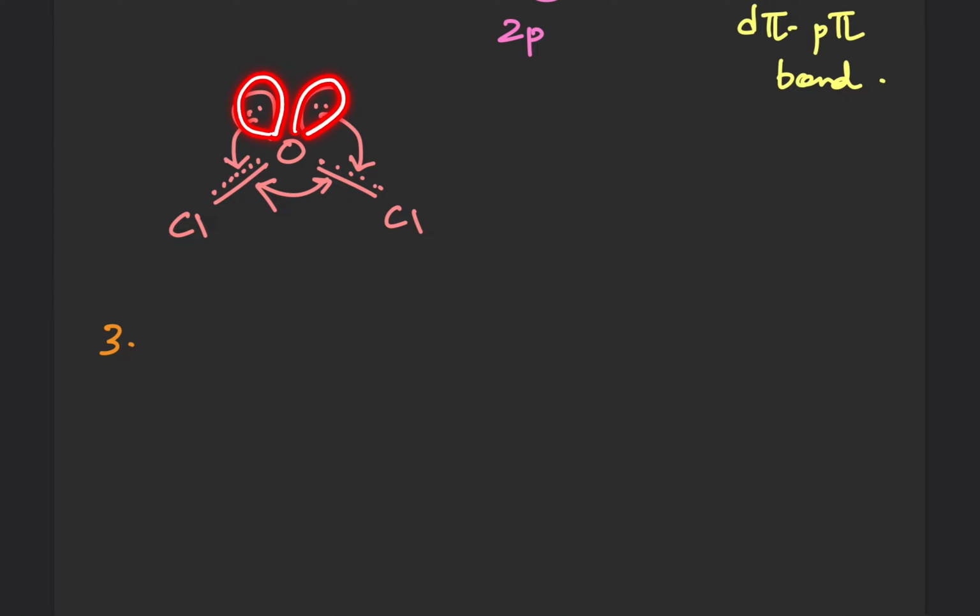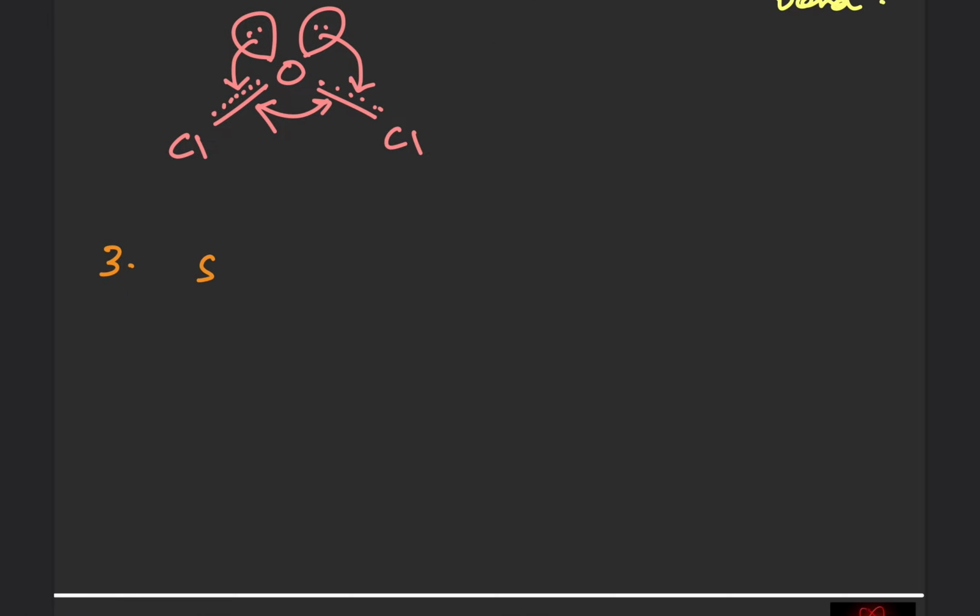Because of the decrease in lone pair repulsions, these can widen up. Therefore this is one more reason why there is a very big unexpected increase in bond angle in the case of Cl2O.